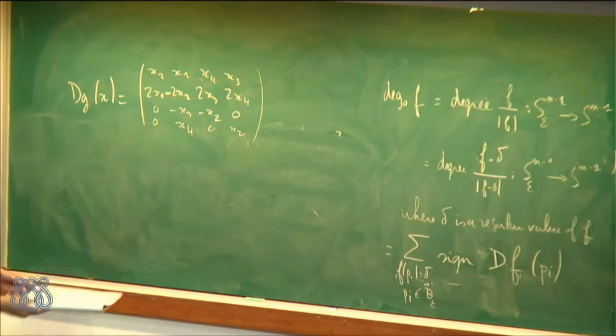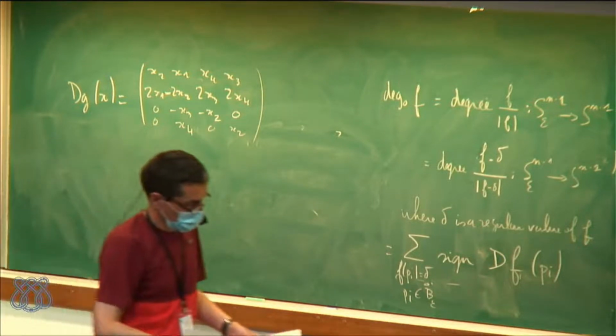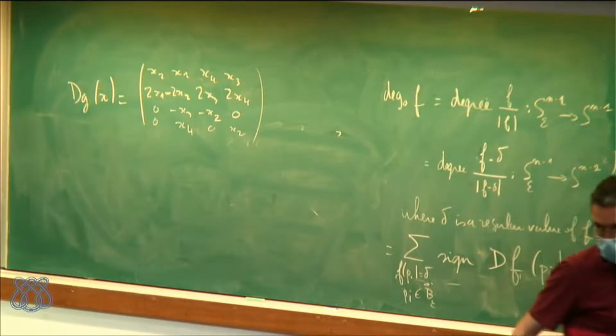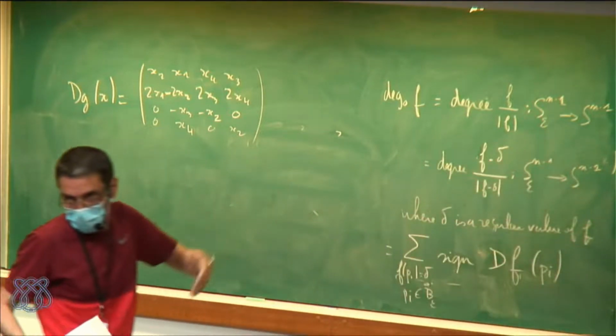So you see that at these two points, you just get a diagonal matrix.